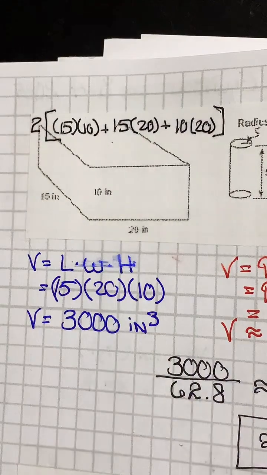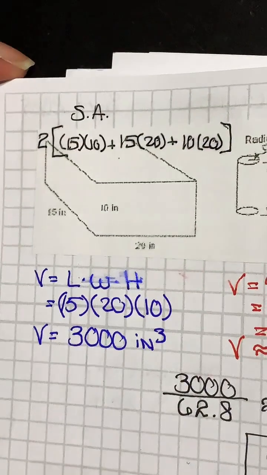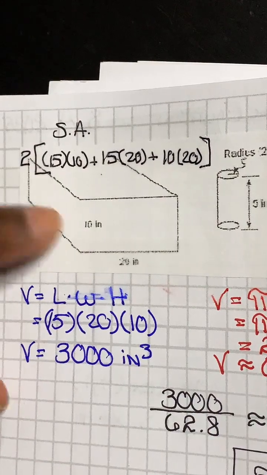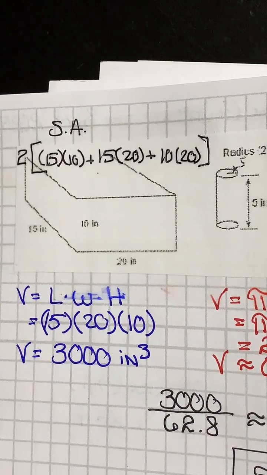That's why you got to multiply it by 2. That's going to help you get your surface area. And majority of the time, if you do see surface area, it's going to be a rectangular prism.